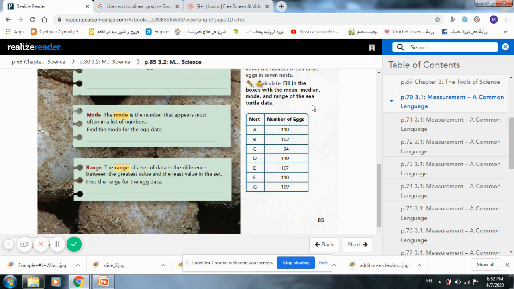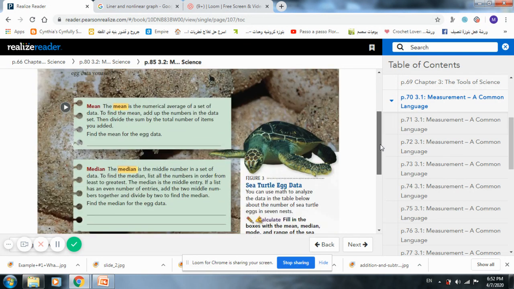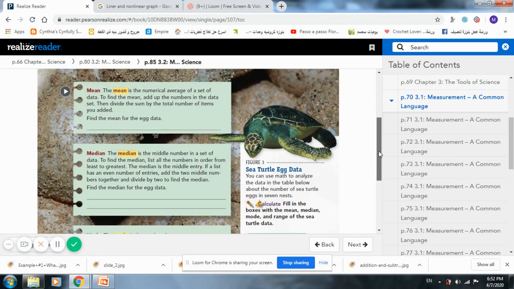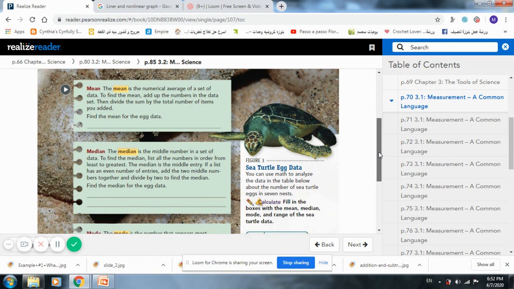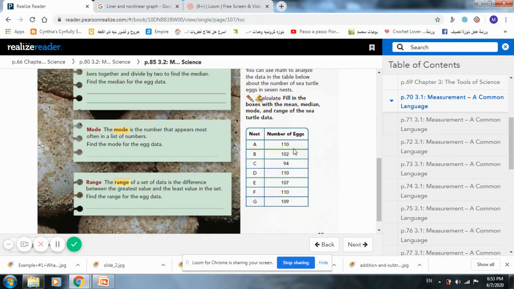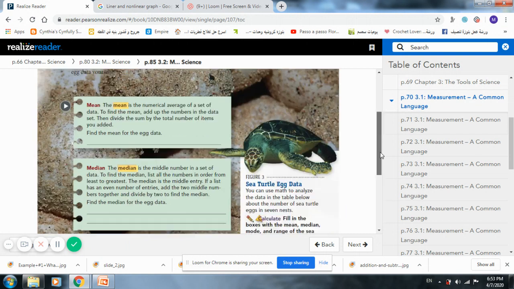The average is 106. So again, the mean is the numerical average of a set of data. You add them up and divide by 7. Why 7? Because we have 7 nests.